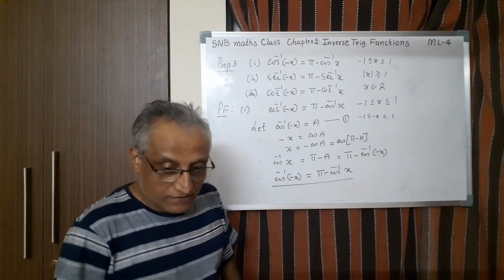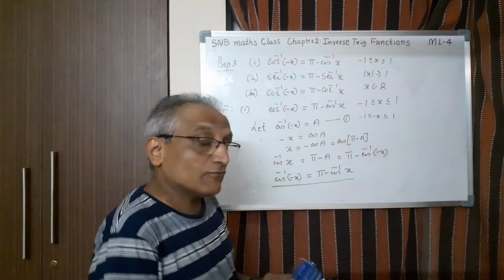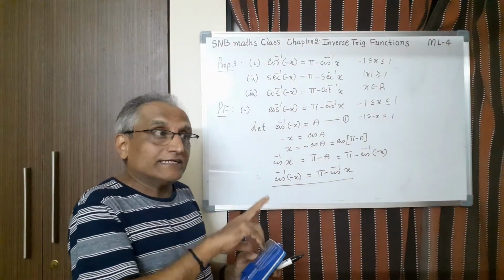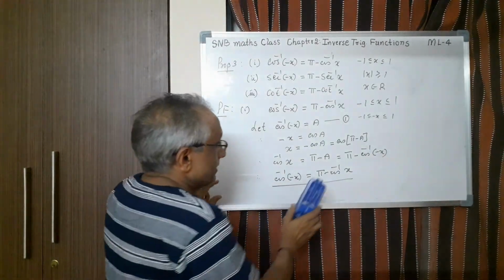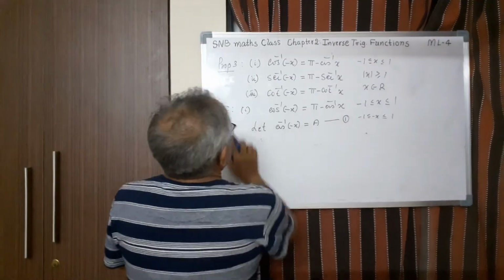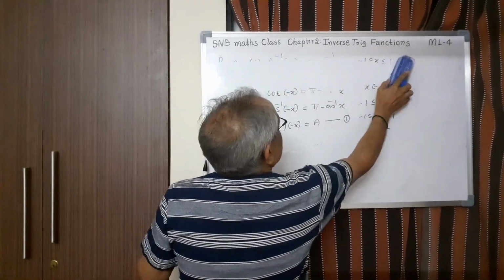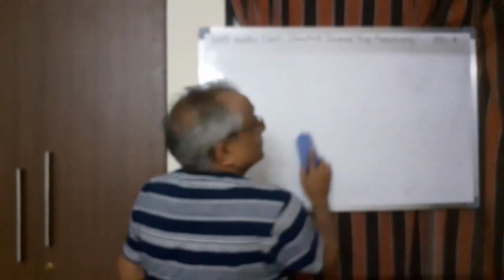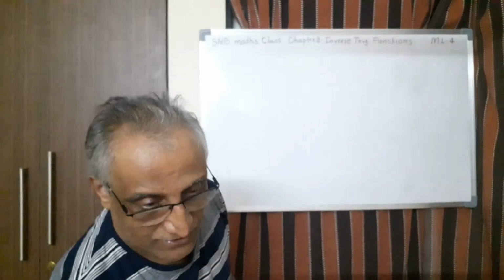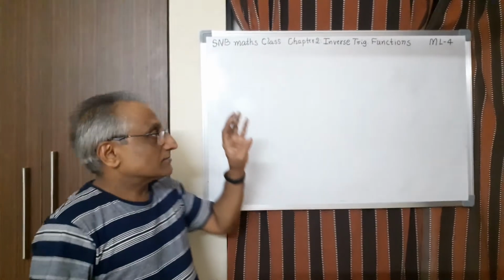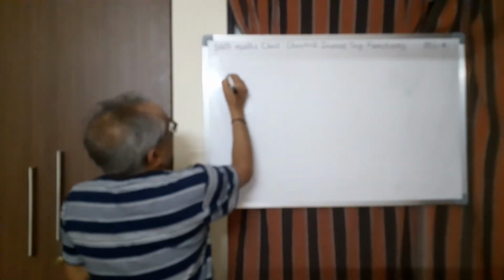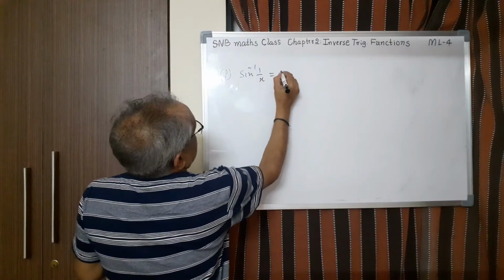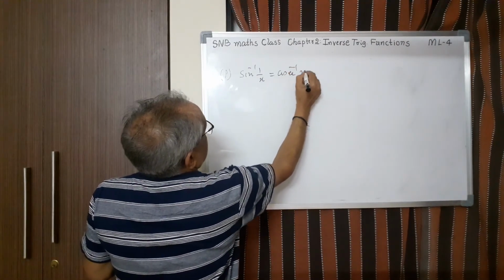Therefore, let me summarize. I have taken one first property, I have not named it as property 1. It is related to inverse and direct function, sine inverse of sine x, etc. That is not mentioned as a property, but you should remember that. Then the first property set is related to 1 by x and x, connecting sine inverse 1 by x, which is cosecant inverse x.